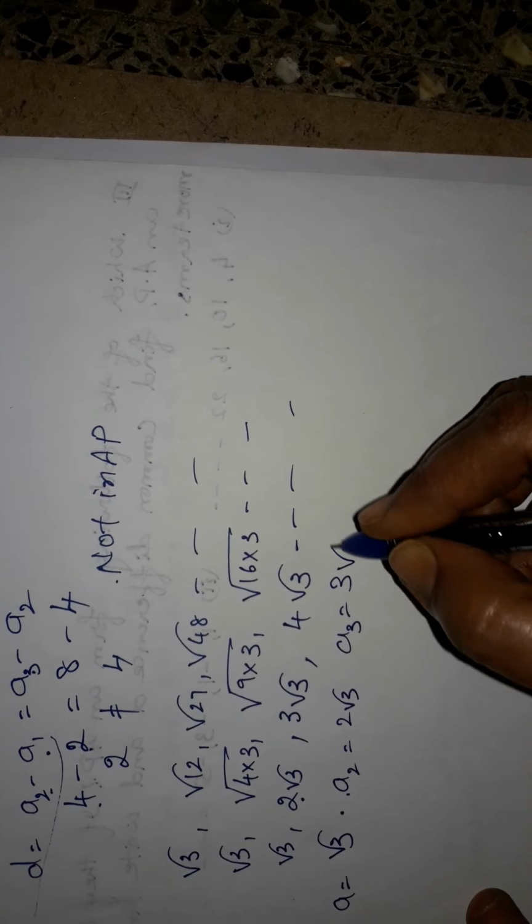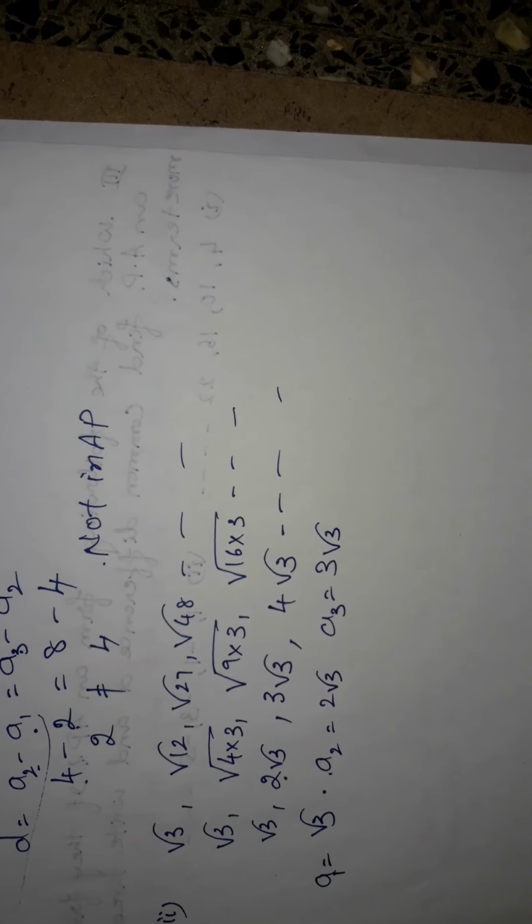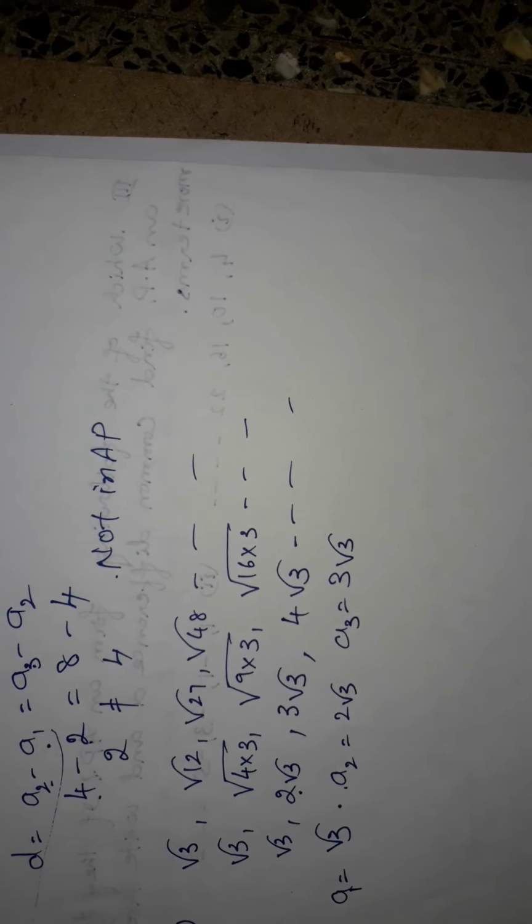So A is equal to root 3 here. A2 equals 2 root 3. A3 is equal to 3 root 3. D equals A2 minus A1 is equal to A3 minus A2.